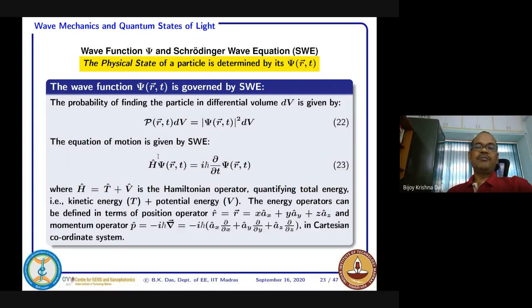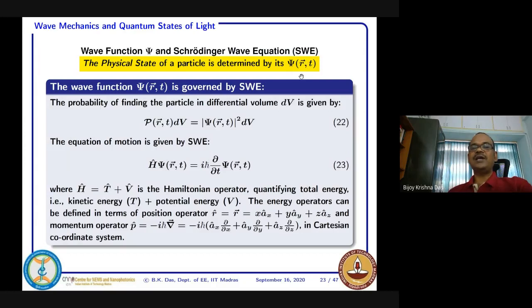Basically, the physical state of a particle is determined by this value psi. Here psi is represented as a position vector and time dependent part. So whenever any quantum particle is there, in a quantum system you are treating, you don't need to bother about anything else if you understand how to represent that quantum particle in terms of this psi expression.